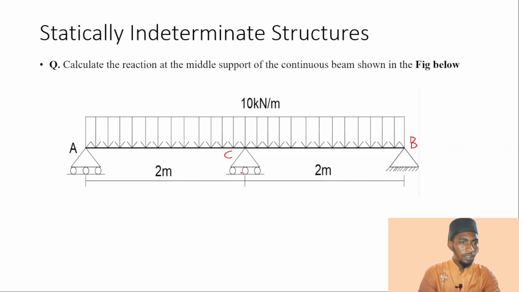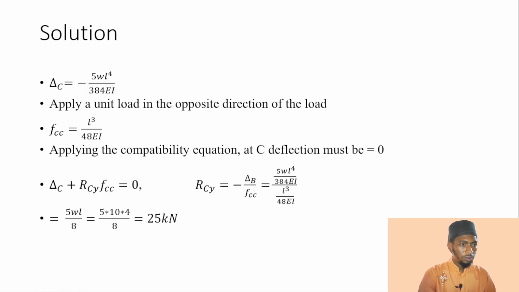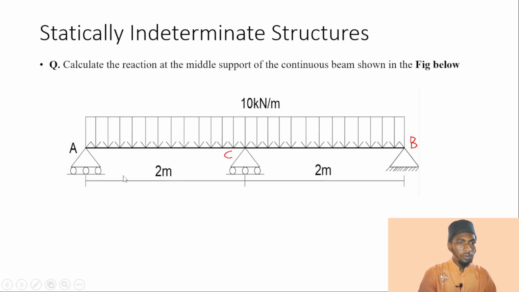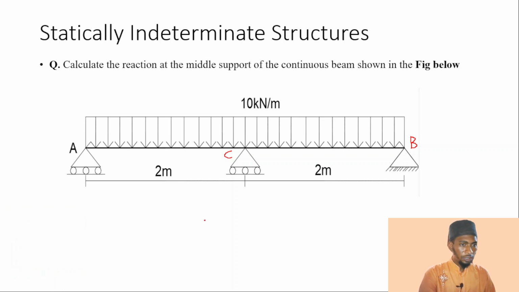So when you have a problem of this nature, the first thing is to make sure that this is statically indeterminate, and then you determine the redundancy, the degree of indeterminacy.